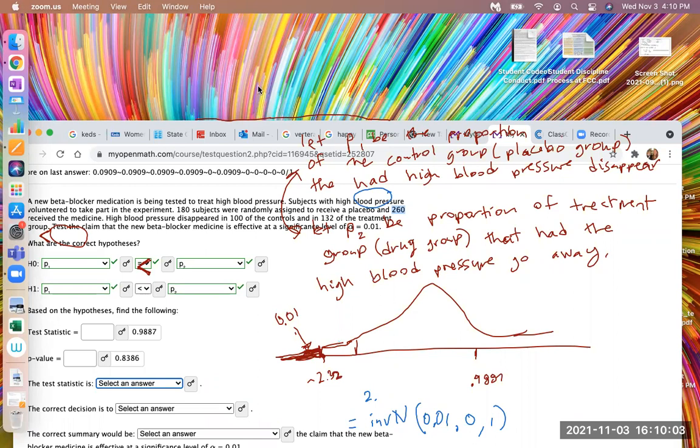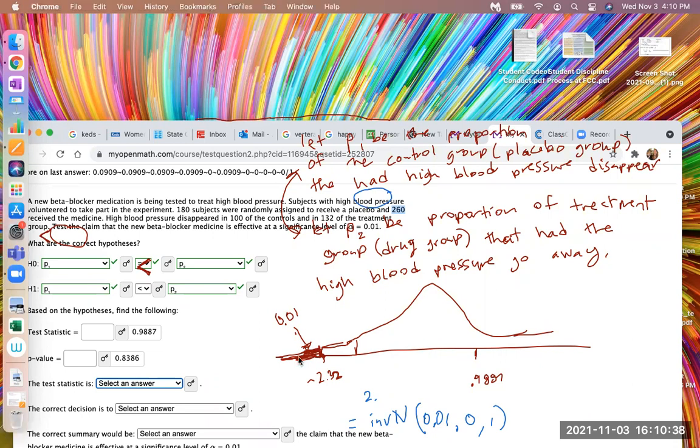Any test statistic smaller than negative 2.32, we would say it is in the critical region, because any value to the left of negative 2.32 is in the critical region.